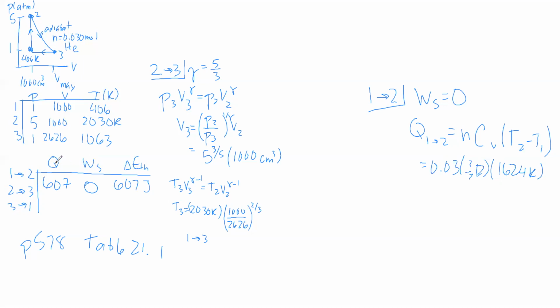The first check is that Q minus the work done by the system has to equal the change in thermal energy. In chapter 19, we did change in thermal energy equals Q plus the work done on the system. But for these problems, it's more useful to consider the work done by the system. They're equal and opposite, it's a Newton's third law thing.